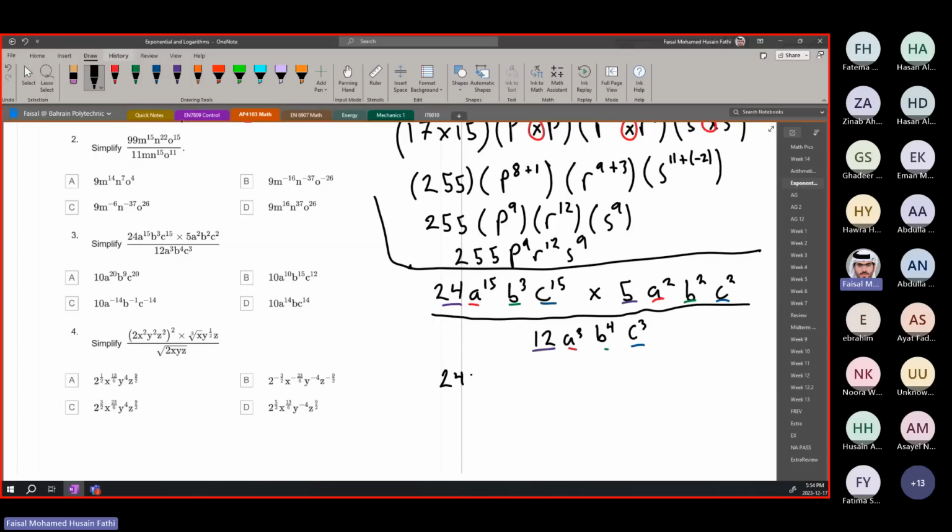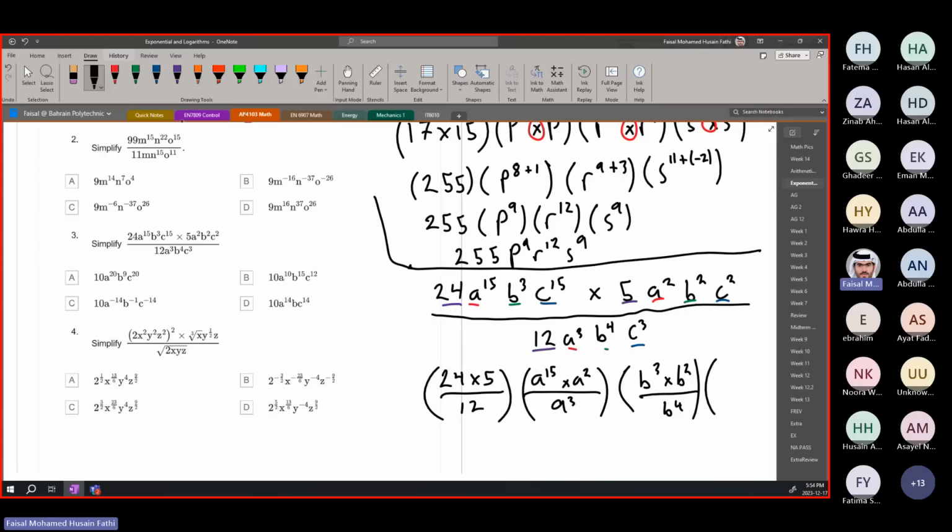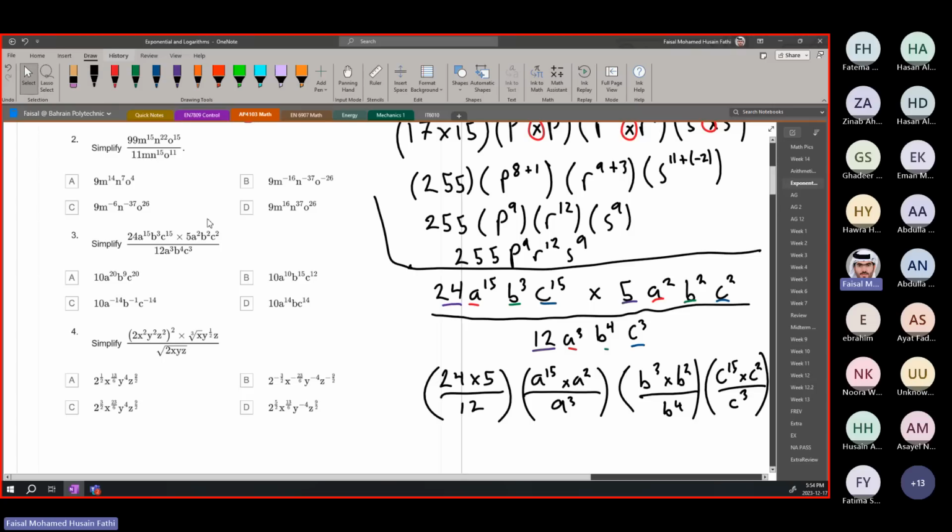So 24 times 5 over 12, then A to the power of 15 times A squared over A cubed, B cubed times B squared over B to the power of 4, and then you have C to the power of 15 times C squared over C cubed. Step by step. Don't get confused. Don't say, how is it coming from here, coming from there, and all of that?